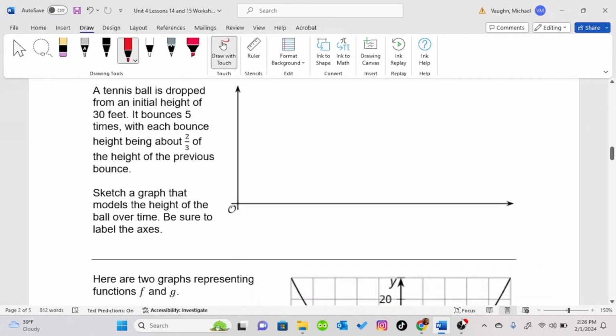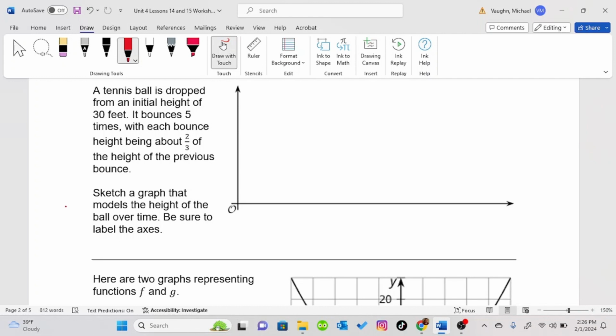A tennis ball is dropped from an initial height of 30 feet. It bounces 5 times, with each bounce height being about 2/3 of the height of the previous bounce. Sketch a graph that models the height of the ball over time. Be sure to label the axis.